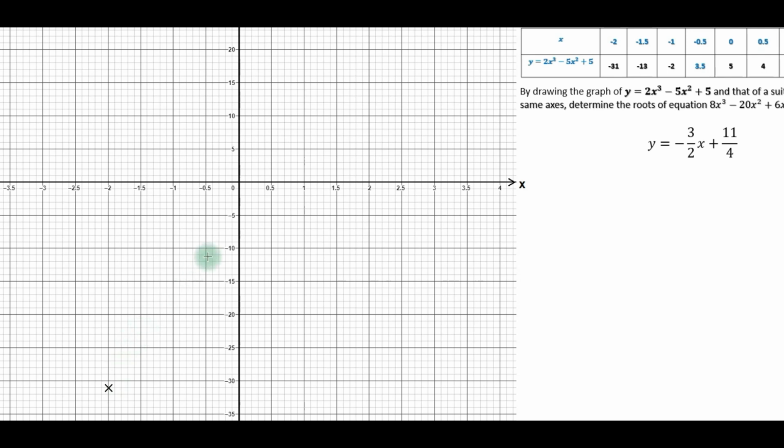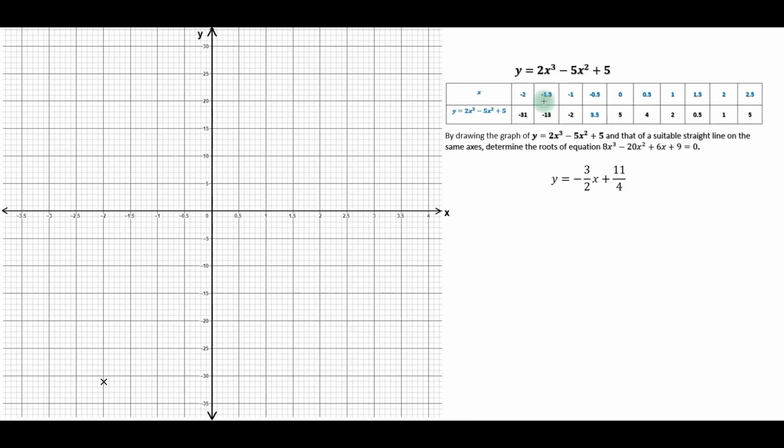Then when x is minus 1.5, y is minus 13. One small box represents 1 unit. So minus 11, minus 12, minus 13. So that's the point. We put a mark there. Then when x is minus 1, y is minus 2.